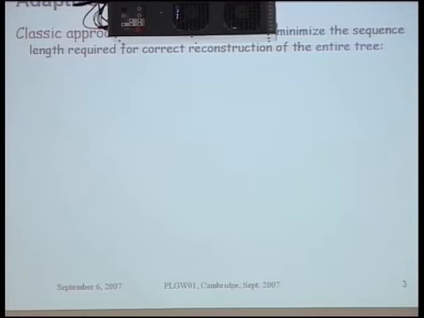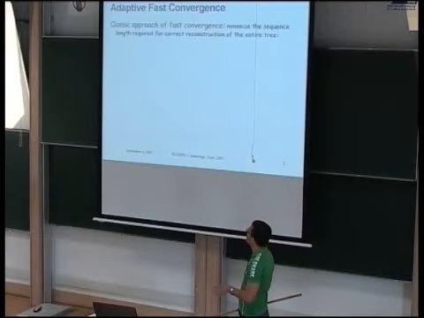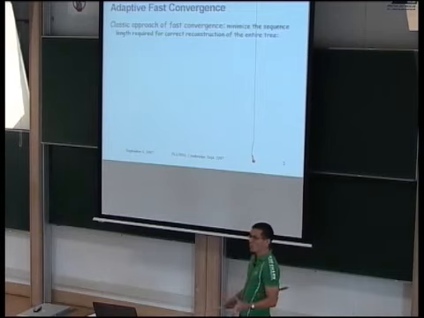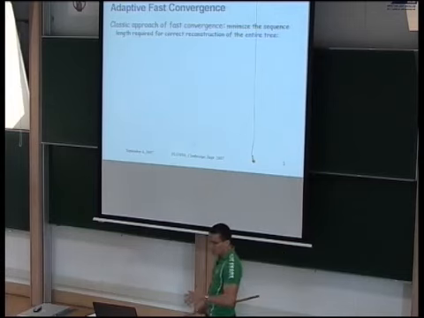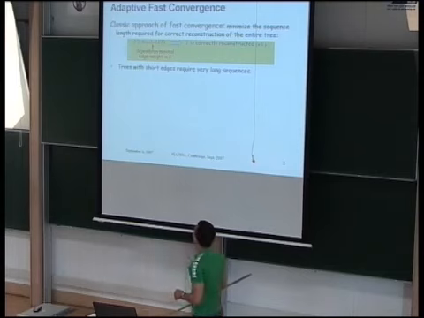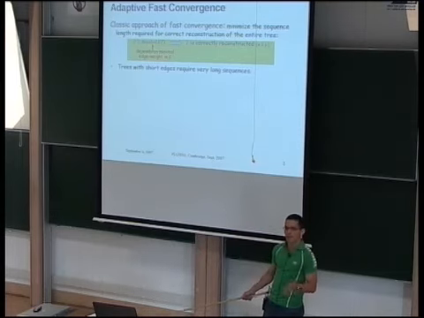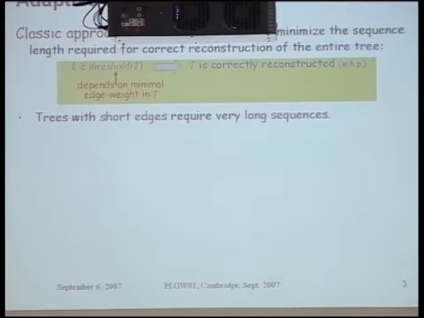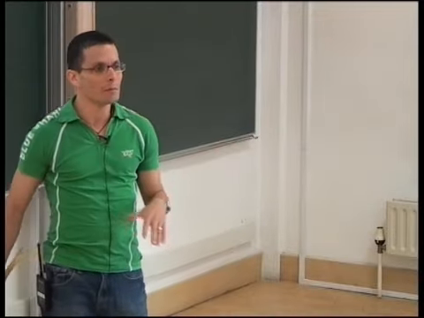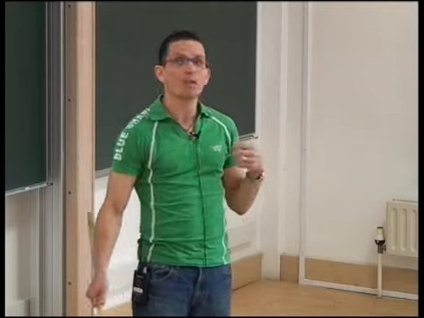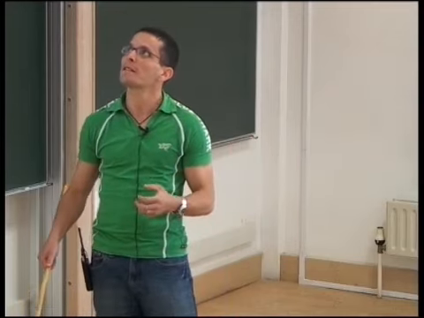So Candy talked about fast converging algorithms in the talk, and this is probably the major work which was done in reconstruction guarantees. And convergence really tries to deal with the minimal sequence length or alignment length, which is required in order to reconstruct the entire tree correctly. So fast converging algorithms really try to keep this threshold function to a minimum, so that we are guaranteed correct reconstruction of the entire tree from minimal length sequences.